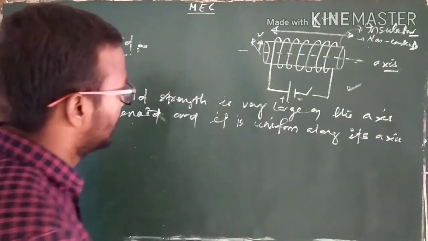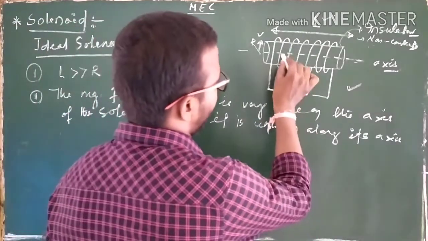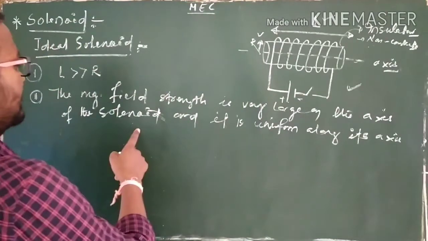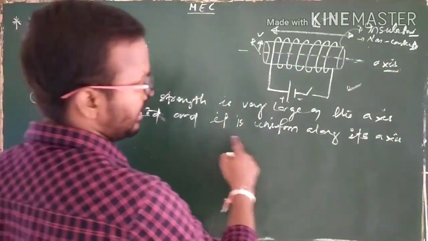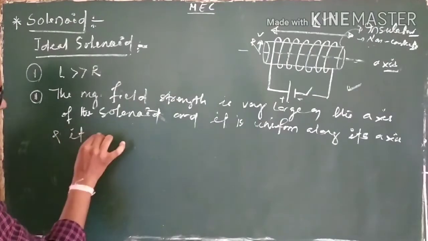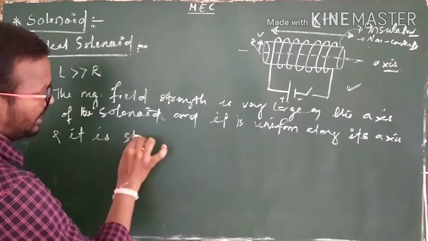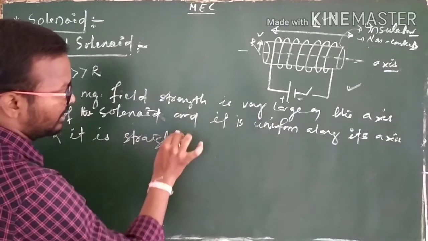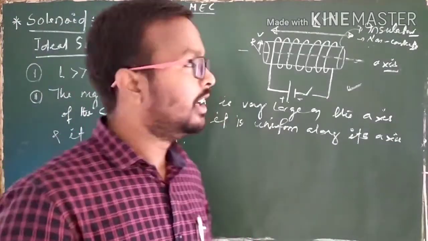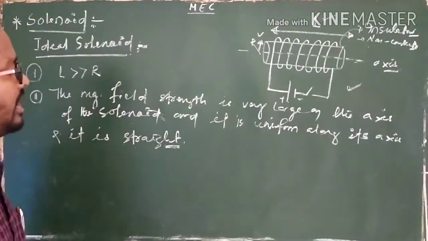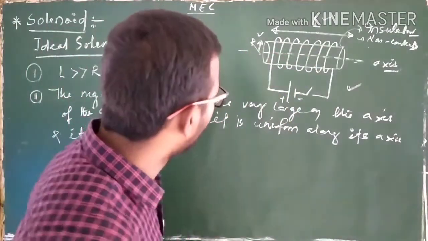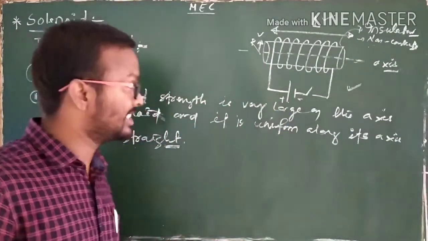That means the magnetic field strength inside the solenoid is very large and uniform along the solenoid, and it is a straight line. That means the magnetic field inside an ideal solenoid is a straight line and uniform along the axis of the solenoid, and the field strength is maximum.